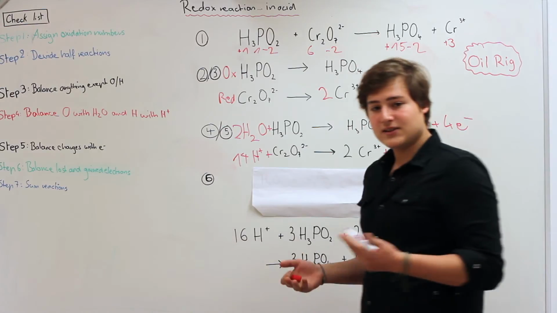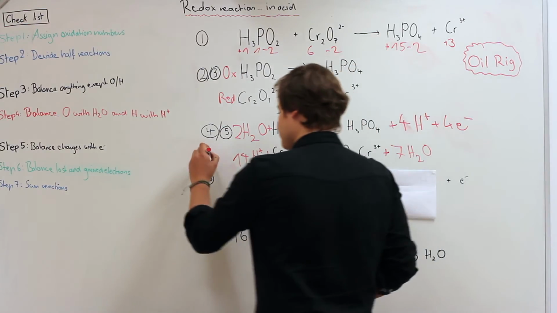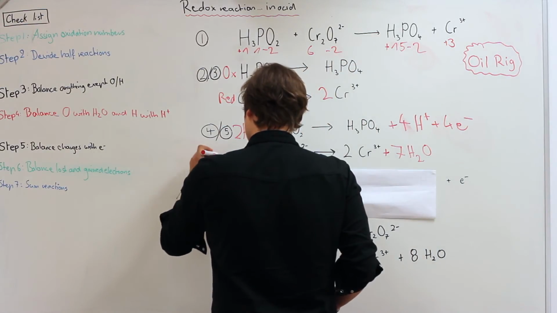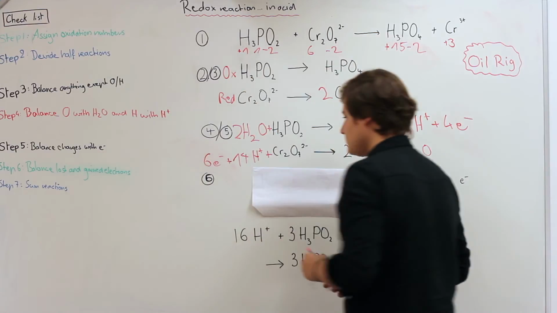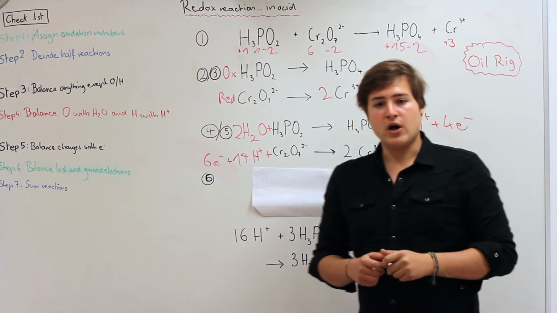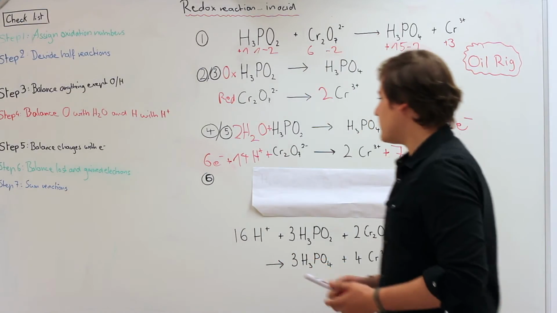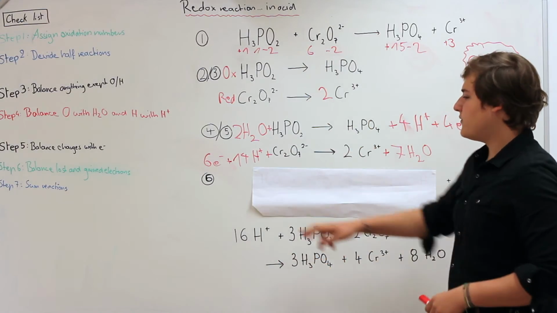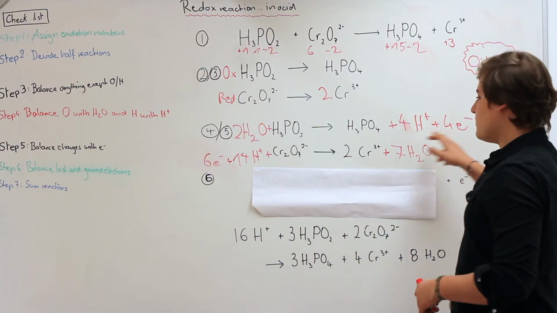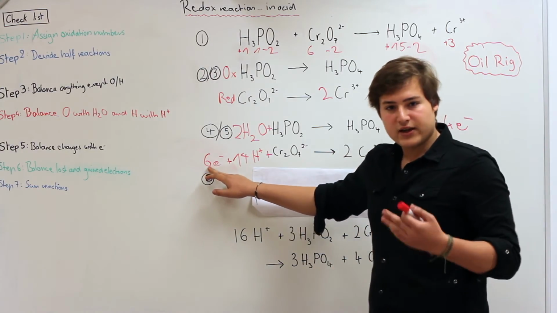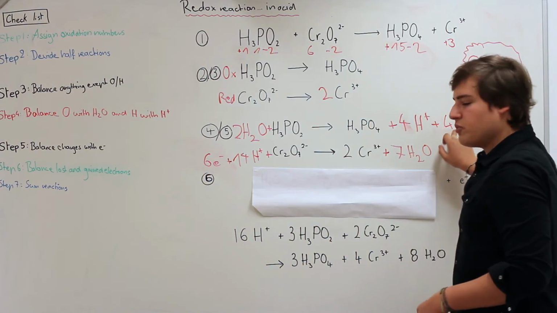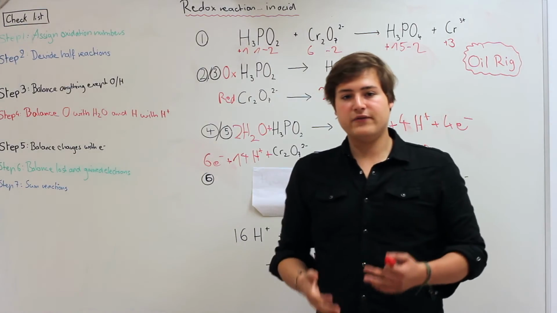So you only add 6 electrons here. Okay, so now we're almost done, but if you look at the 2 half reactions, they have a different number of electron input and electron output. And the number always has to be the same in a reaction.